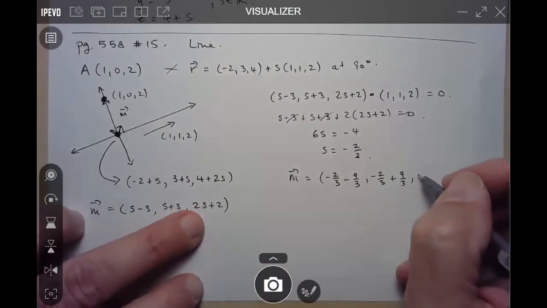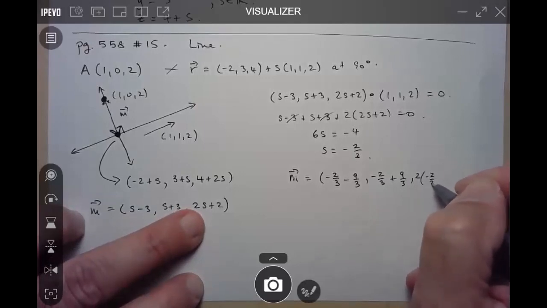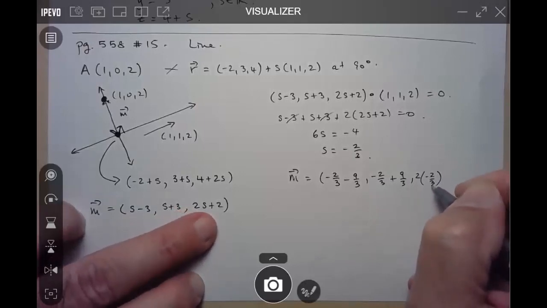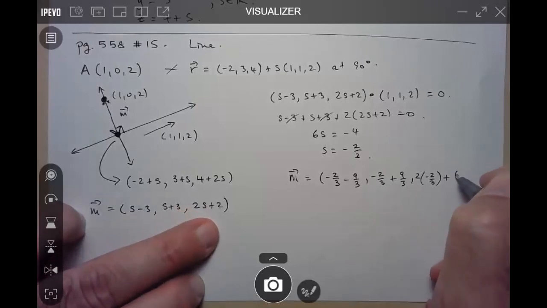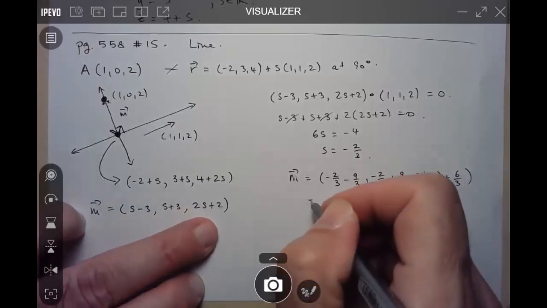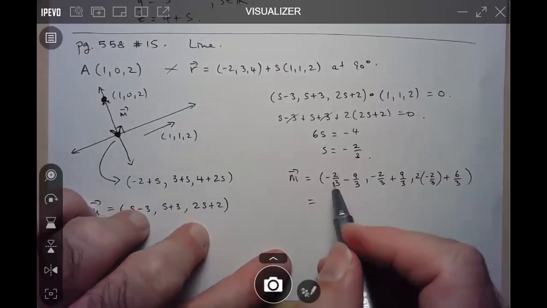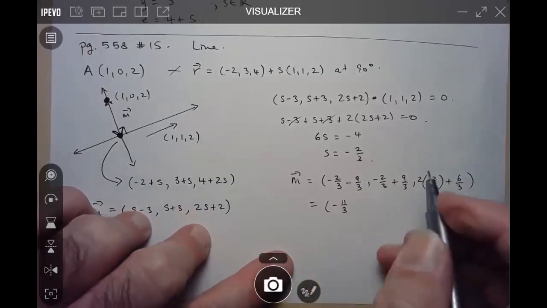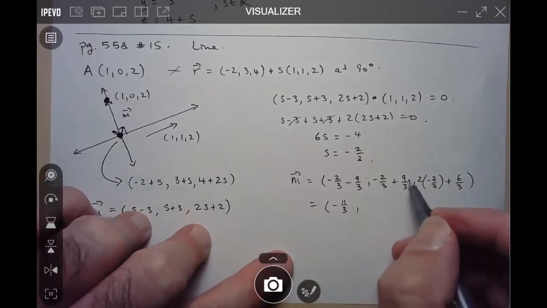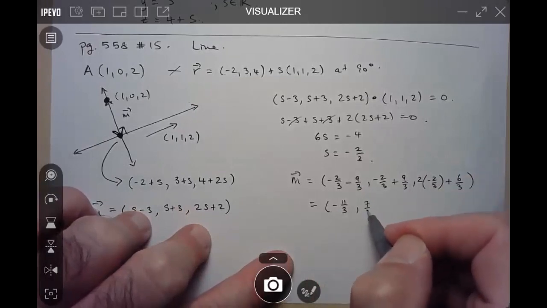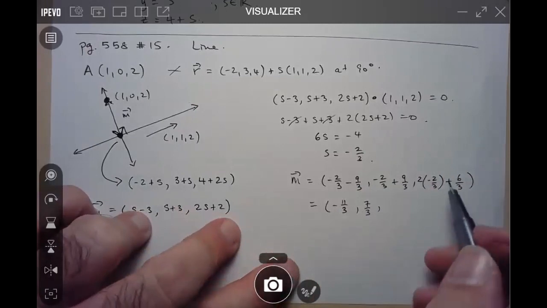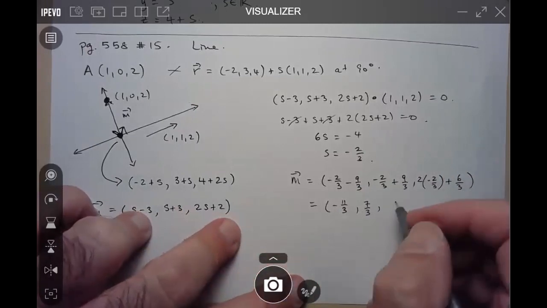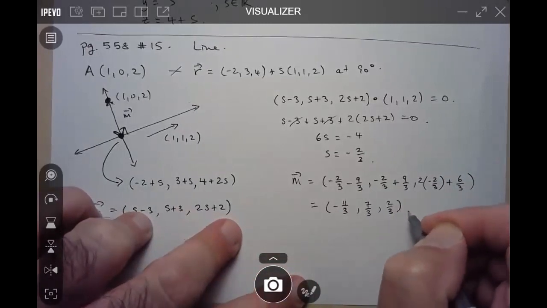Here I have 2 times -2/3, and again over 3, so plus 2, so plus 6 over 3. So what do we have here? We've got -2 minus 9, -11 over 3. Here we have -2 plus 9, so it'll be 7 over 3. And here we have -4 plus 6, 2 over 3.